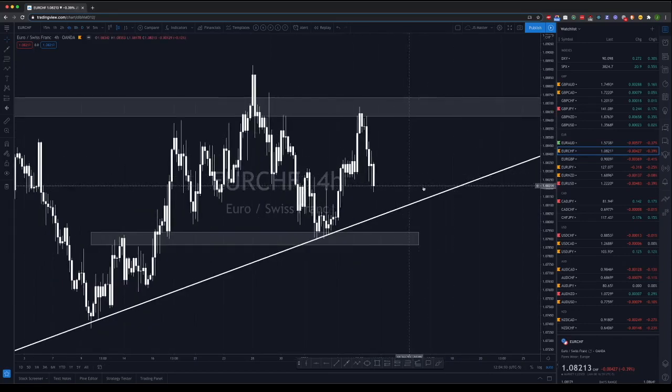So we might see price kind of trickle back into the trend line, and if it does, we actually might see it break lower, come back to this zone and then push, or we might see it trickle to this trend line and then push higher, or we might even see a continued momentum move down, and come back up, test this level, and then drop further, right? But there's no immediate entries for me. I'll just be keeping an eye on it to see what happens.